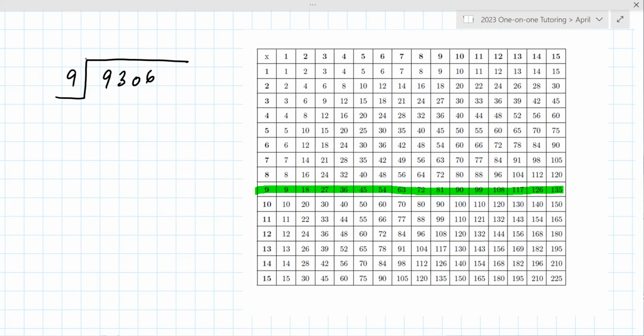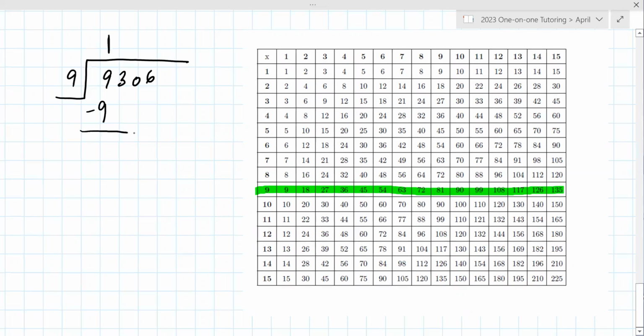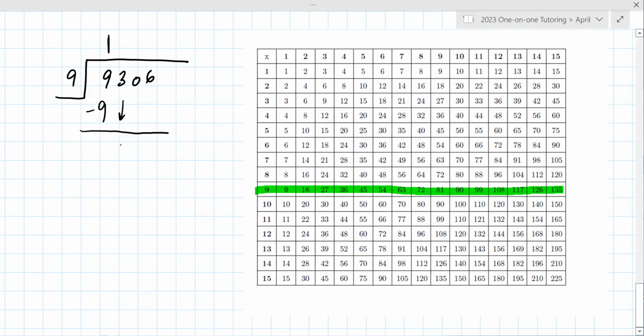How are you doing on this one, Zoe? Well, first, I just want to know, does 9 go into 9? Yeah, which gave me 1, and 1 times 9 is 9. And then it's 0, so I brought the 3 down, but does 9 go into 3?